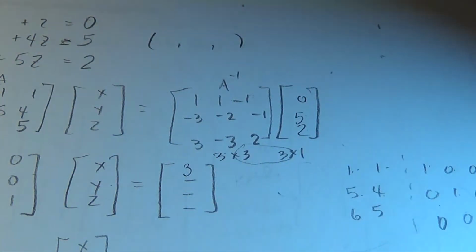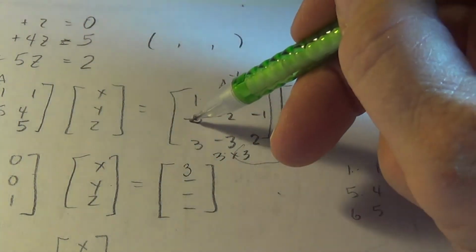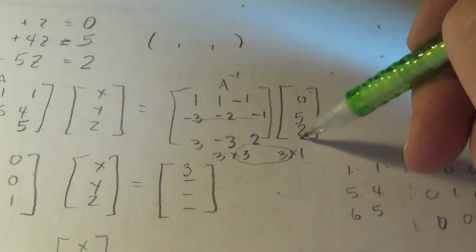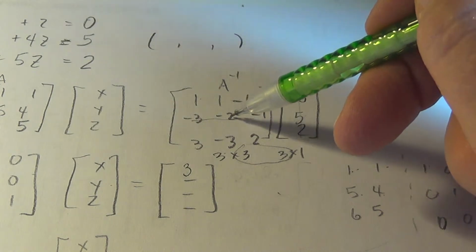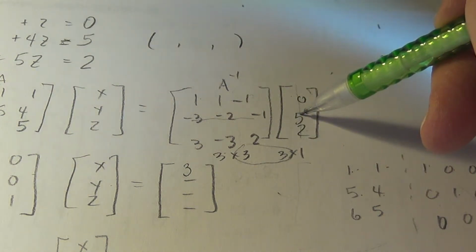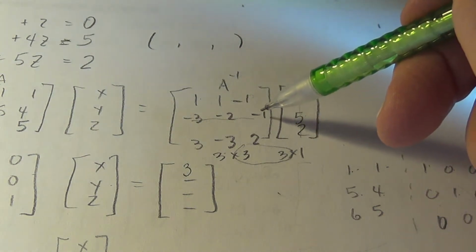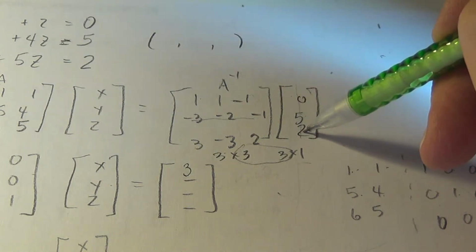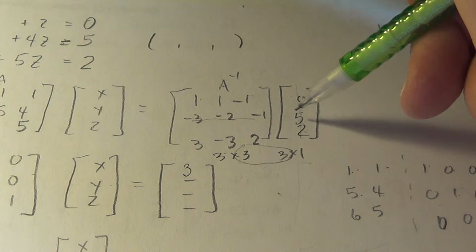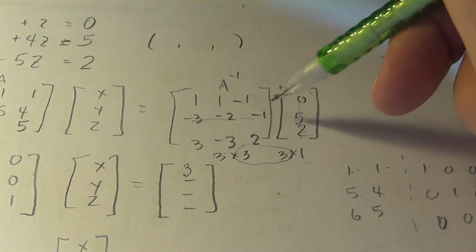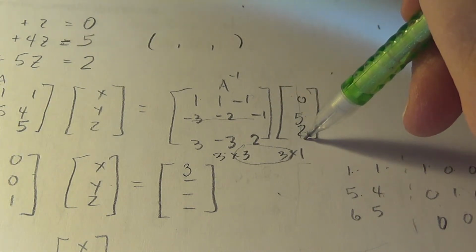All right, now I'm going to multiply this row and this column. -3 times 0 is 0, plus minus 2 times 5 is minus 10, plus a minus 1 times 2 is a minus 2. So I have minus 10 and a minus 2.